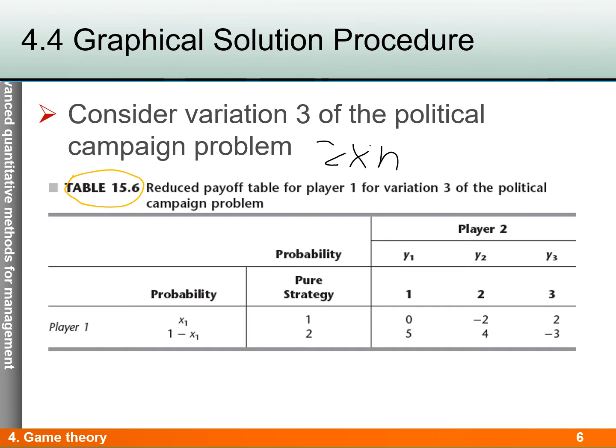So imagine this table is one that the example gives us, or is a result of using dominated strategies. For example, before we had a table of 3 multiplied by 3, m multiplied by n. By applying dominance strategy, we could reduce the size of the table to 2 multiplied by 3, 2 multiplied by n.